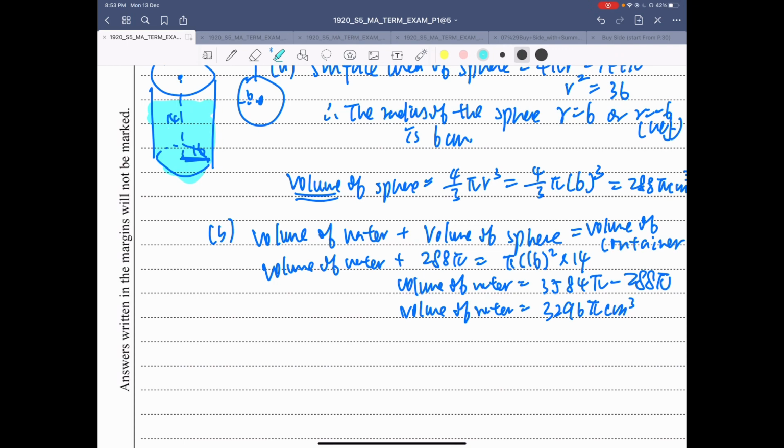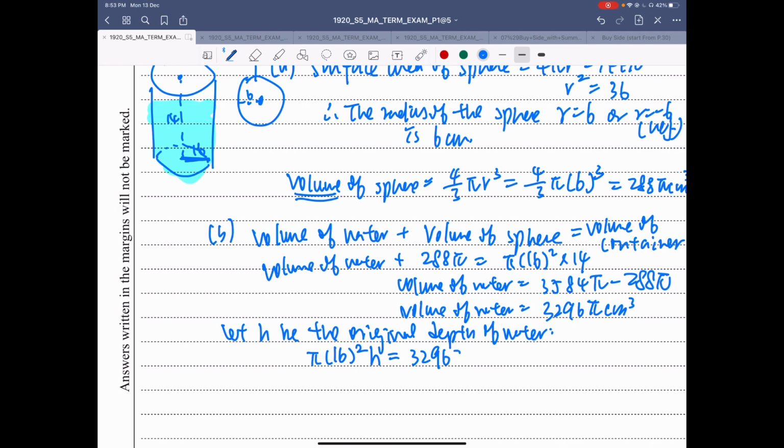Okay, so we now know the volume of water is 3,296 pi. Then we can let h be the original depth of water. So pi r square h equals the volume of water, which is 3,296 pi.